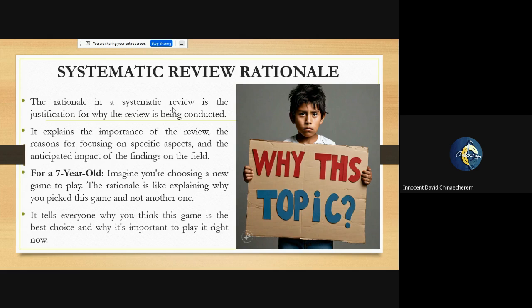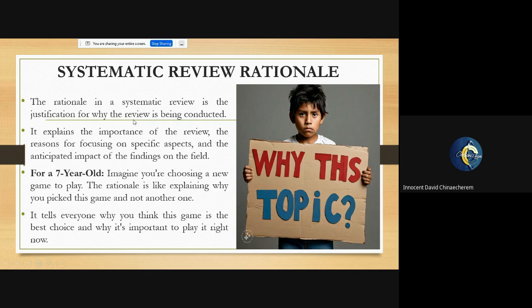So at the end of the day, I make arguments that this is why I want to do this systematic review. That I have found this and that. However, there are these primary studies that are available, which means a systematic review is needed. A systematic review is usually needed when there are already a lot of balls around, a lot of small balls.